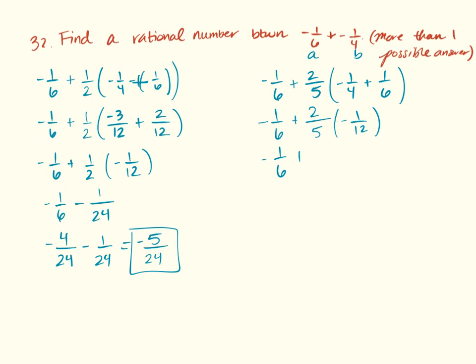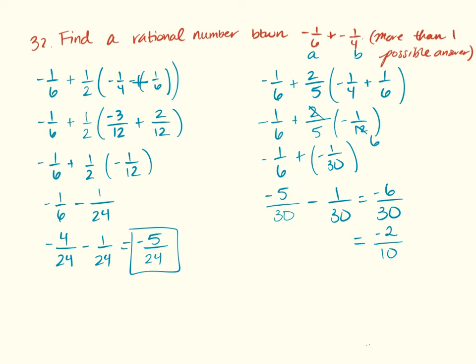Negative 1/6 plus a negative 1 over 30. Common denominator is 30. So this is going to be negative 5 over 30 minus 1 over 30. So this is negative 6 over 30, which reduces to negative 2 over 10, which reduces to negative 1/5. Also, another answer.